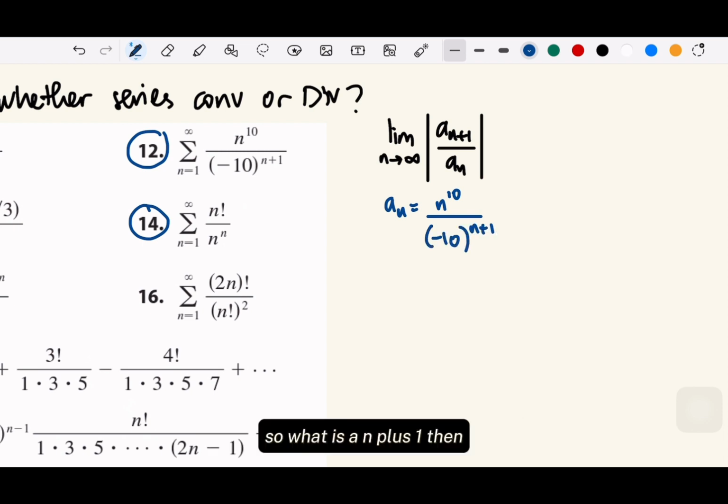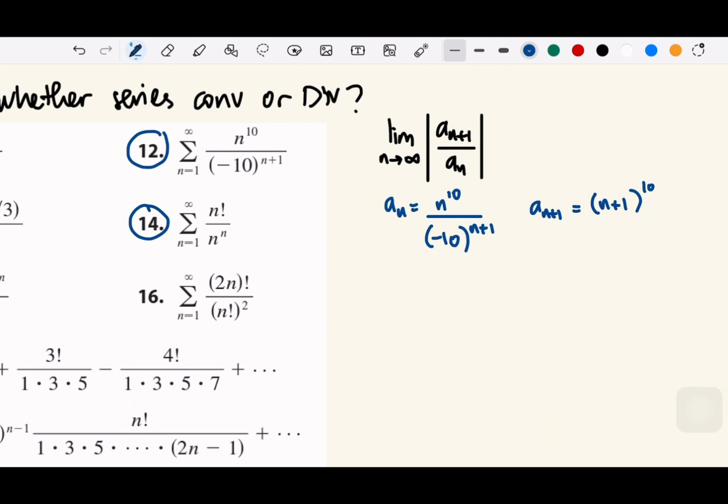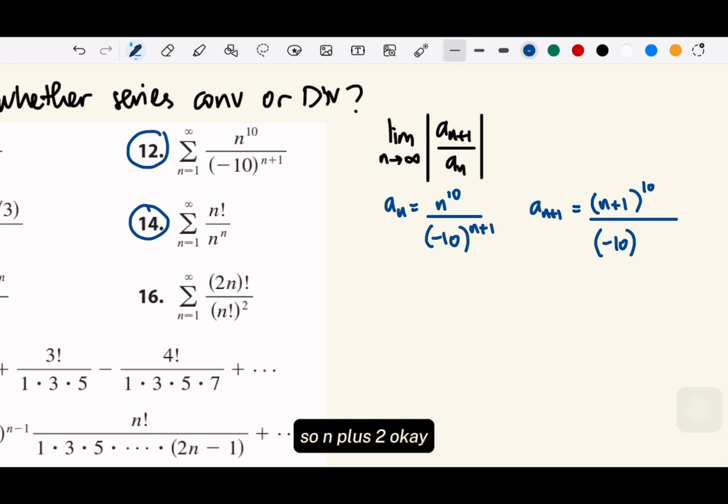So what is a_{n+1} then? We just plus 1 the n. n becomes n plus 1 with power of 10, and then this part here will be n plus 1, so n plus 2.